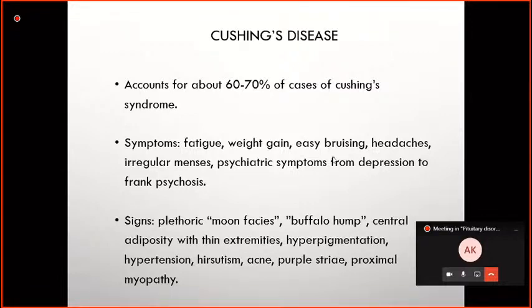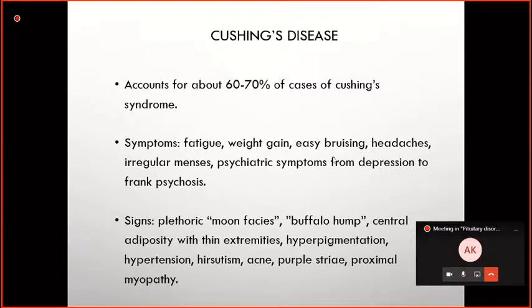Next is Cushing's disease. I think I want to skip Cushing's because we are going to talk more about Cushing's in adrenal disorder. But bear in mind, Cushing's disease accounts for 60 to 70% of cases of Cushing syndrome.